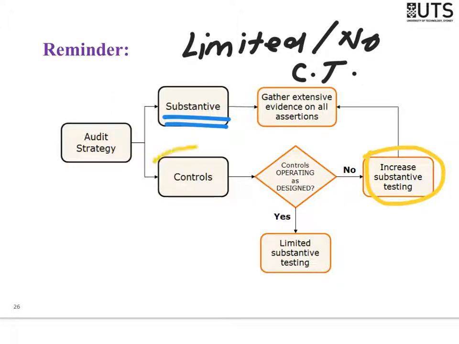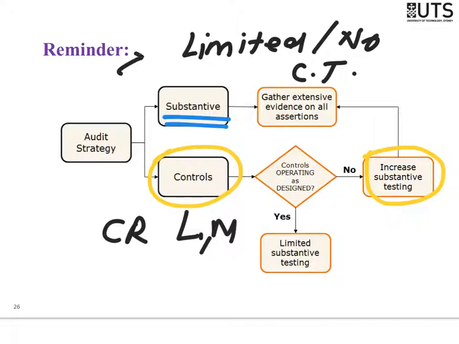But when you decide to do a controls-based approach, remember, you would have only made that decision because control risk was assessed as what? When do you do controls testing? Low or good? If it was high, you wouldn't have done it. If it was high, you would have pursued the substantive approach and done limited or zero controls testing.